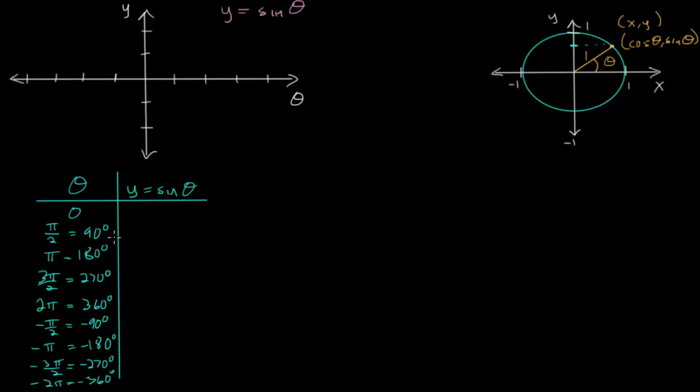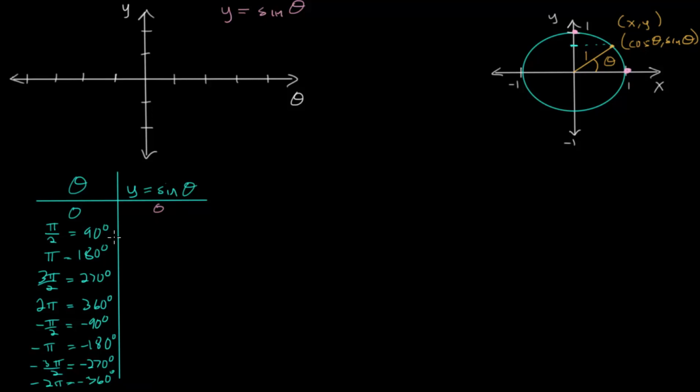Now, starting with an angle of 0 degrees, or 0 radians, that would be at this point right here on the unit circle. And the y value of this point, the sine value of this point, would just be 0. It has no height to it. But when we go to 90 degrees, or pi over 2 radians, we will now be at this point up here, which is where the x value is 0, but now the y value is 1.